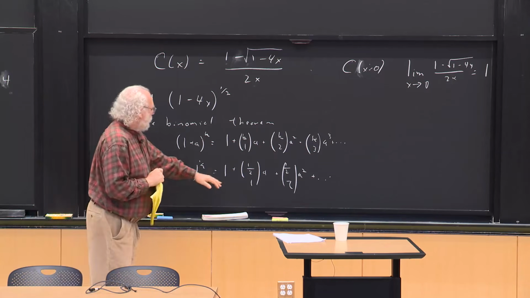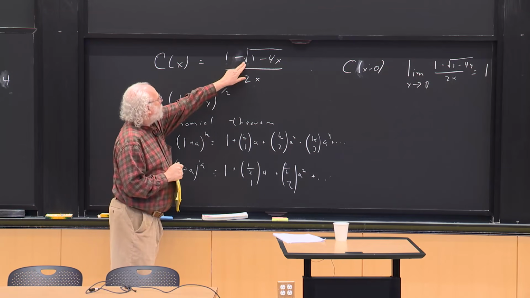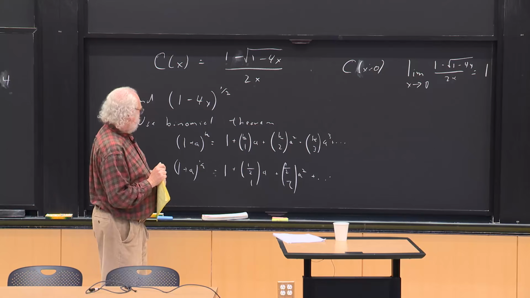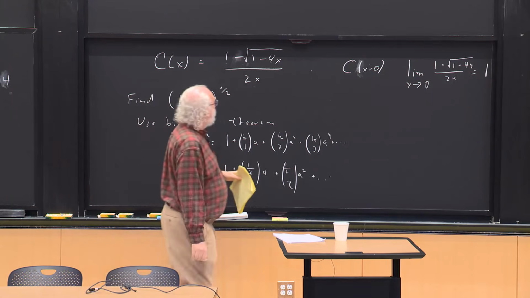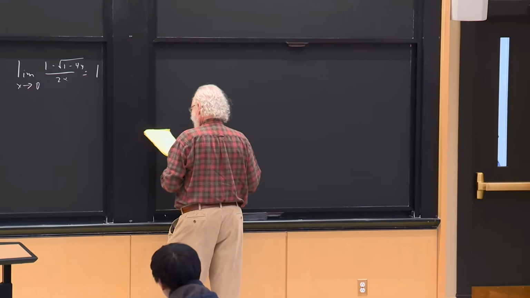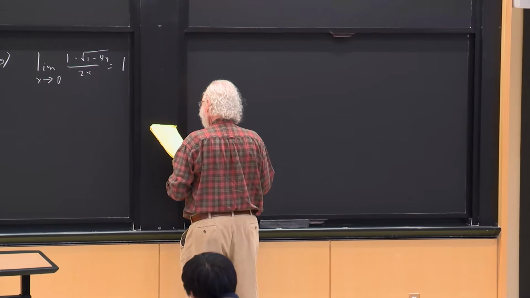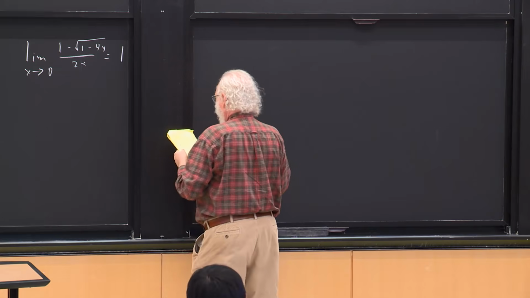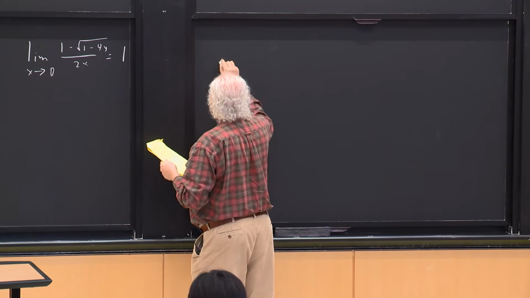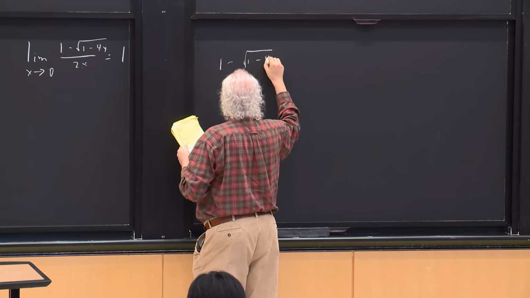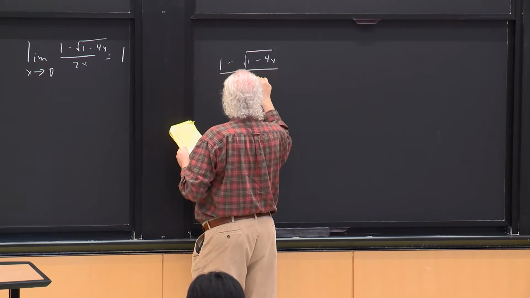And of course, you have to take this and subtract it from 1 and divide by 2x. So I'm going to do 1 minus square root of 1 minus 4x over 2x.